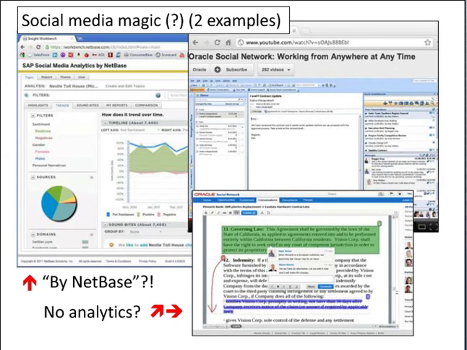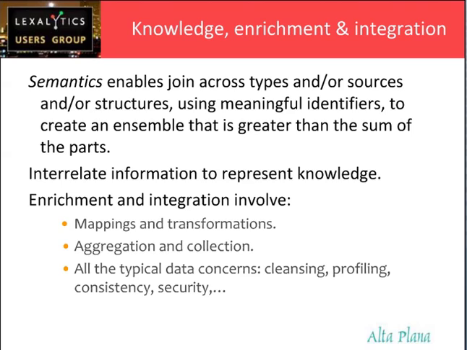Now, IBM has a lot of technologies in this area as well, and IBM has been very slow to successfully productize them in a way that would reach either the enterprise or the smaller organization markets. So to me, this is an indication of opportunity for smaller, more agile companies such as Lexalytics, but there are many others there. Let's go on to my last of the points, knowledge enrichment and integration.